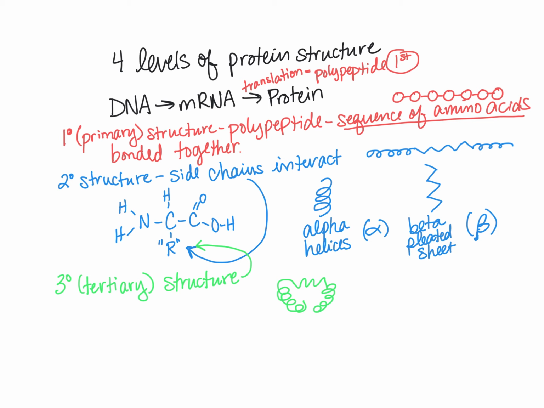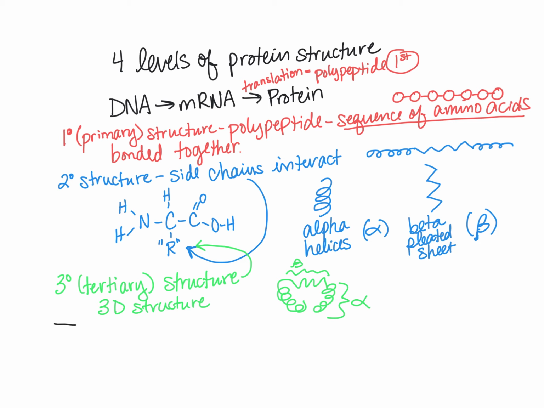So we still have our alpha helices and our beta pleated sheet, but now it's wrapped around itself to form this more three-dimensional structure. And in some proteins, this is it.